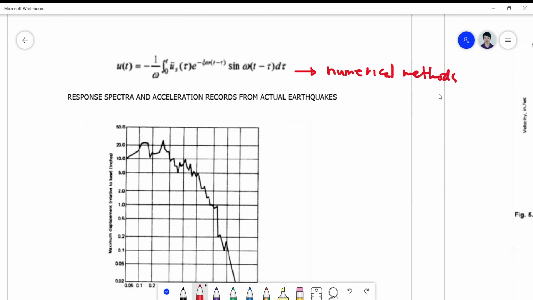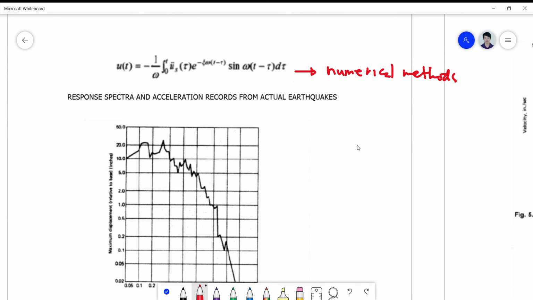There are a lot of practical or experimental ways on how to plot this also, but you need a lot of instruments and a lot of recorded data to do it. If you don't have the data, if you don't have the instrumentation, you cannot create a new response spectra for a particular load function that you want to create.